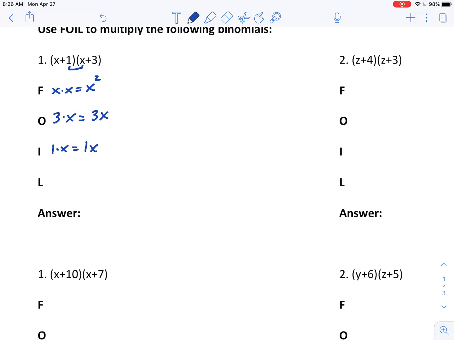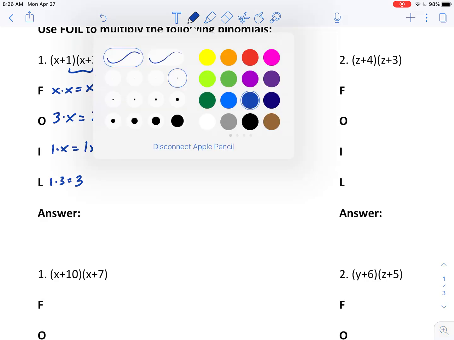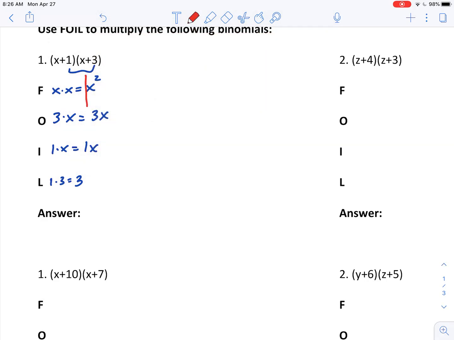Outer, the outer two numbers, that's 3 times x is 3x. The inner two numbers, 1 times x is just x, or 1x. Doesn't matter, you could write it either way. And our last two, 1 times 3 is just 3.